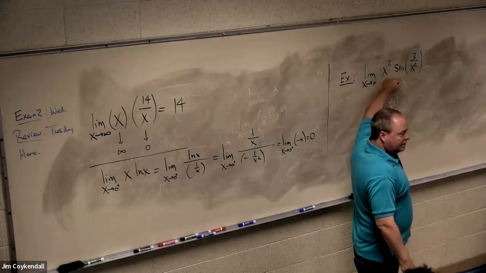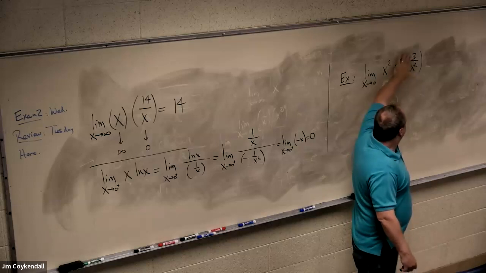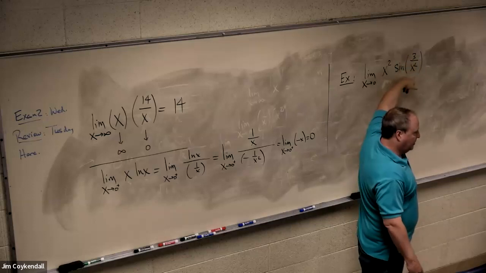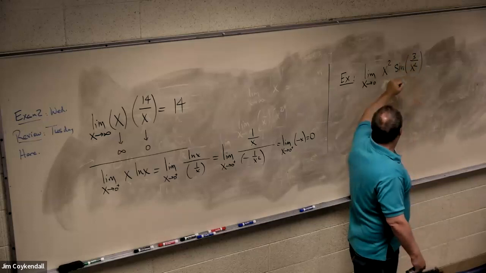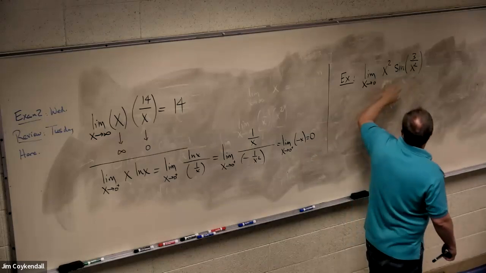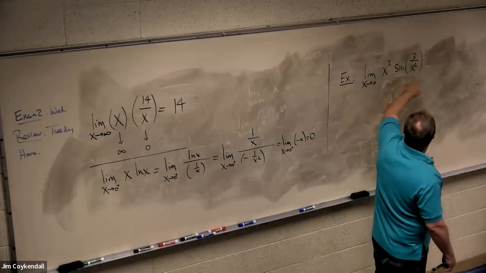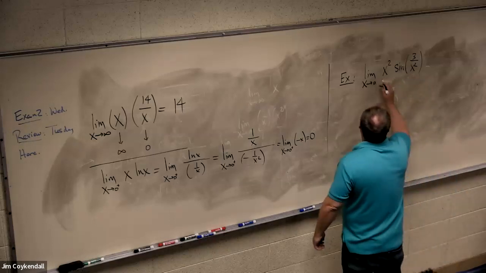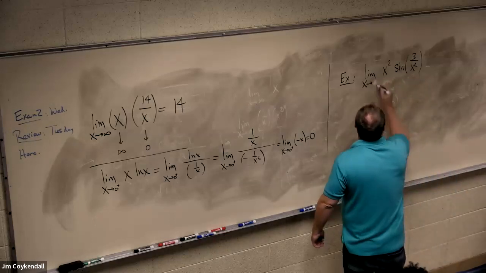I get a zero here. I get a sine. See, that thing inside there is 3 over x squared going to infinity. Oh, I'm sorry, here, this is actually going.